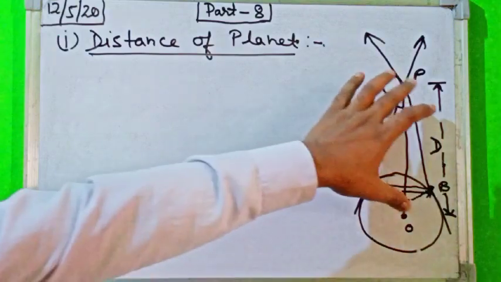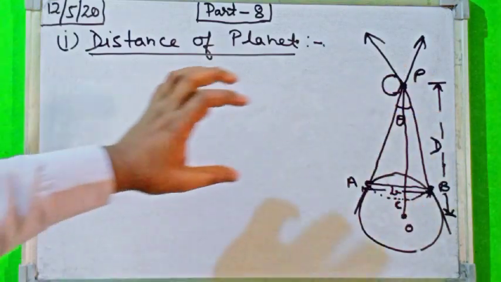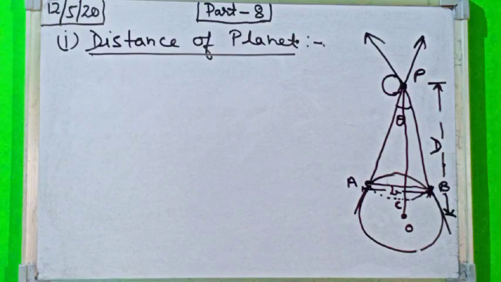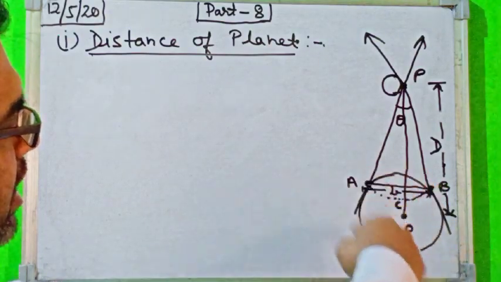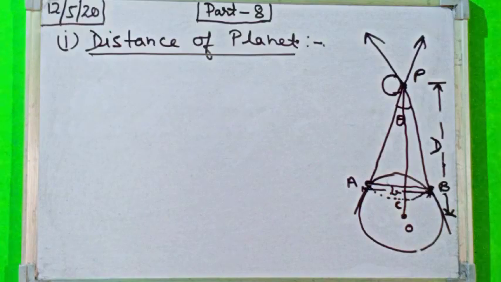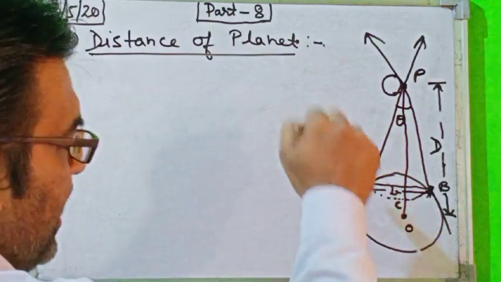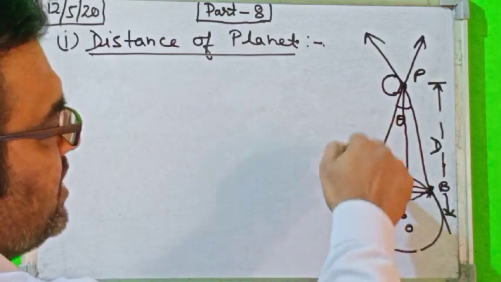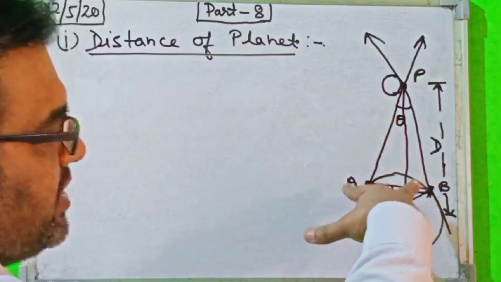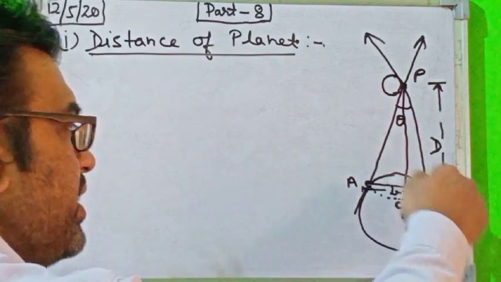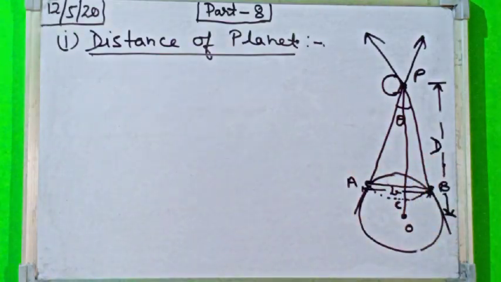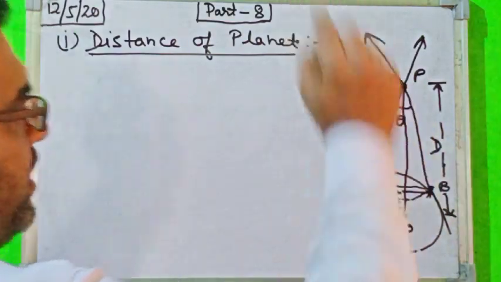to find this distance D, how this distance D can be calculated by the help of parallax method. So look at here, we had supposed the earth having center O. On the surface of the earth, we had chosen two stations where two observatories are there. From these 2 points A and B, we are observing the planet.